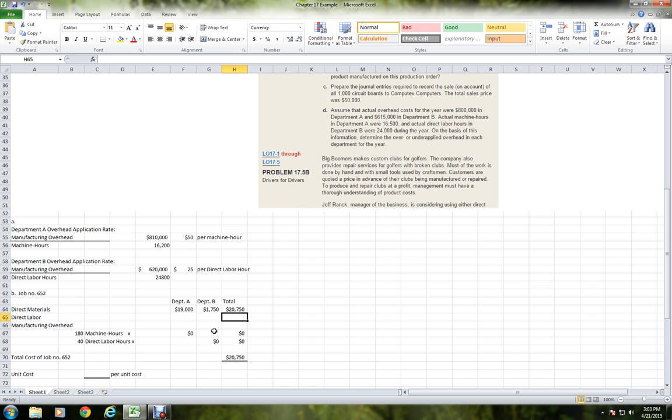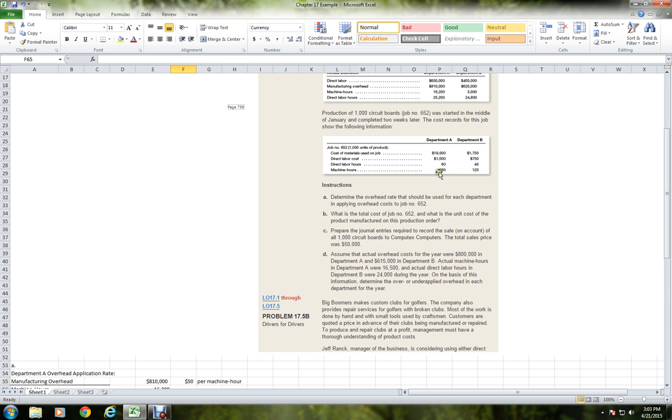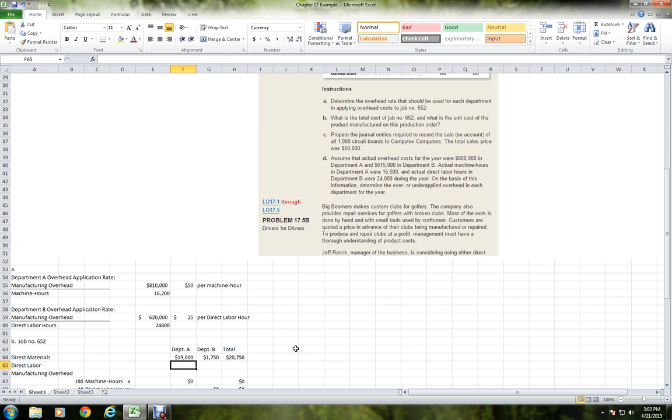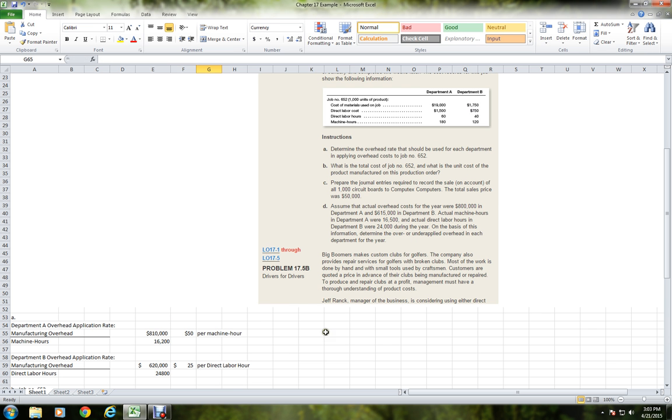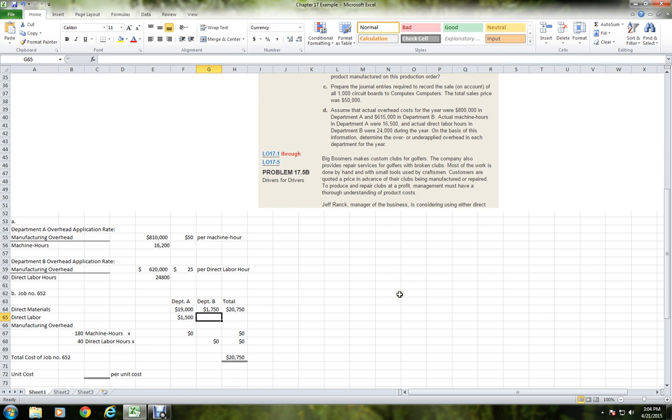So now we need to do the same thing for direct labor. Our actual cost for direct labor in Department A was $1,500. And in Department B was $750. So that means our total direct labor costs was $1,500 plus $750, for a total of $2,250.